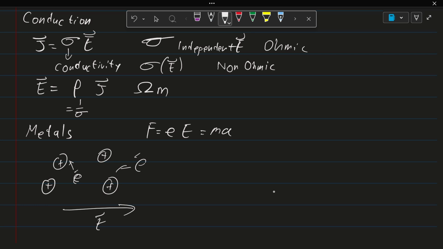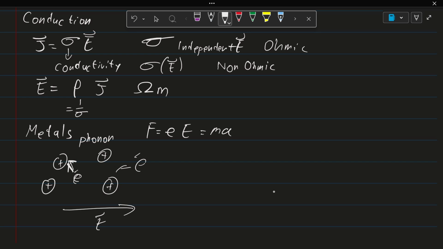And this is the idea of collision with the lattice. This collision with the lattice will later be related to something called the phonon. Technically the electrons are not really colliding with the lattice itself, but are transferring their energy through phonons, which are particle-like, or particle wave-like substances, very similar to photons.